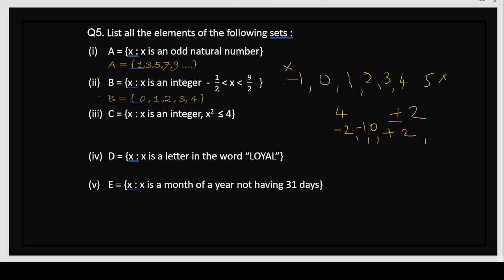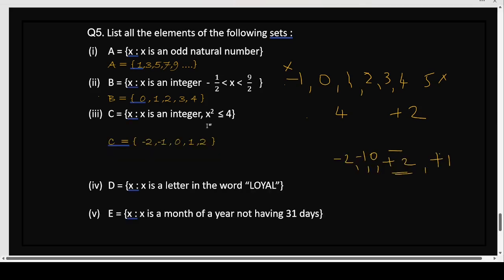And you can include plus 1 in this. Plus 1 square is 1. So then also this plus 2 square is this. So the elements in the roster form are C equals to minus 2, minus 1, 0, 1 and 2.